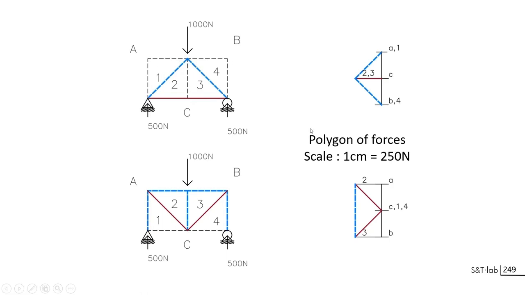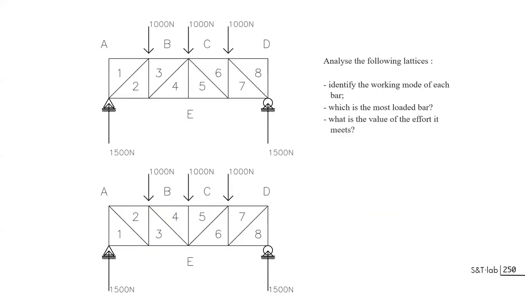So this is the theory as proposed by Cremona, and you can do it for more complex cases with the same analysis. Here, no force, here, no force, and so on, and you can build the corresponding force polygon.